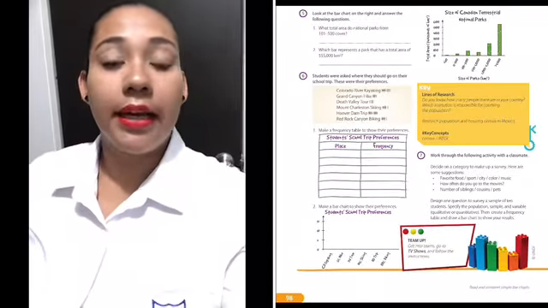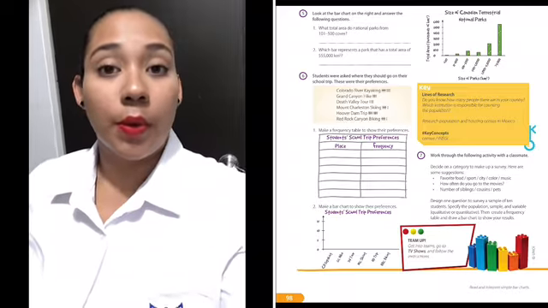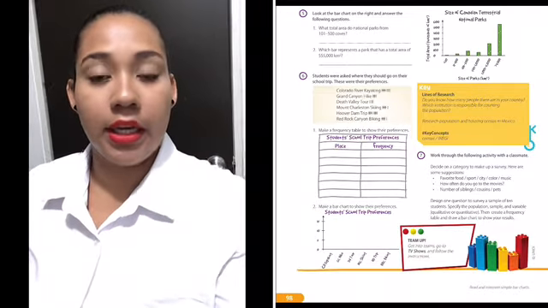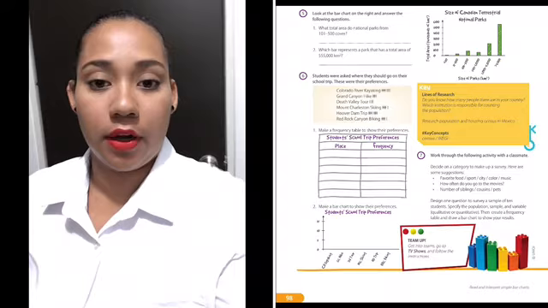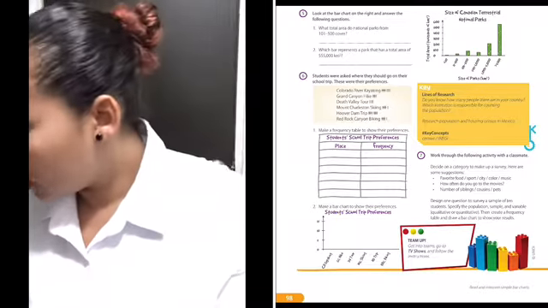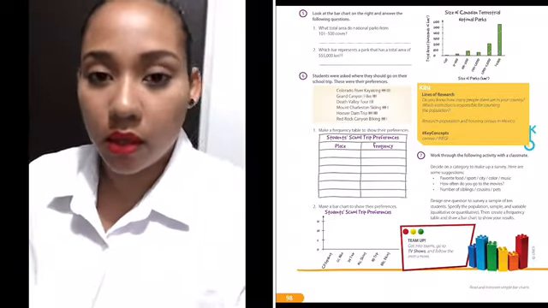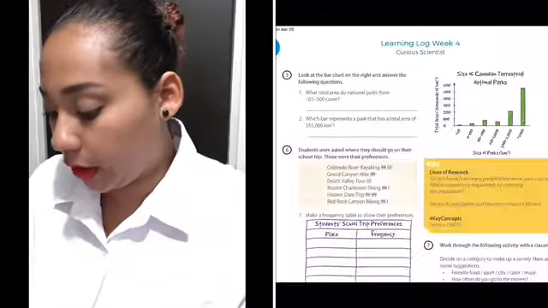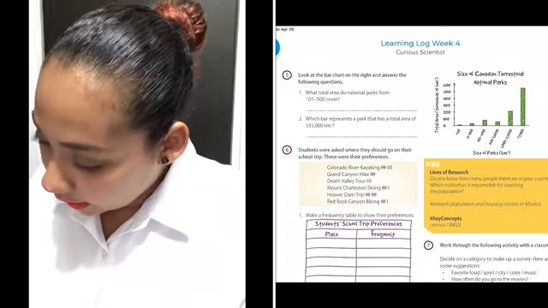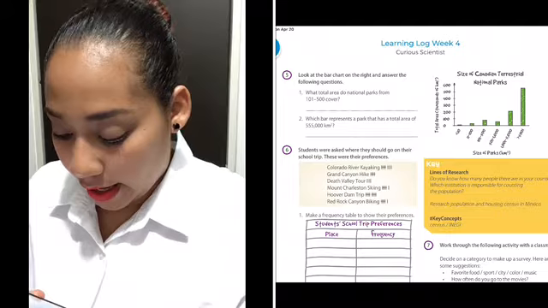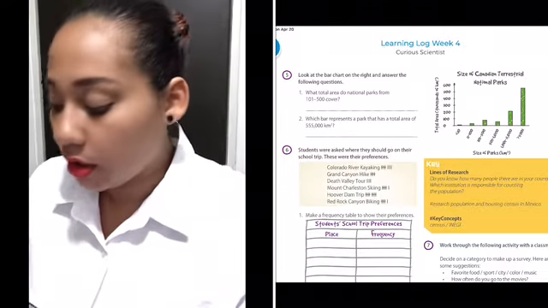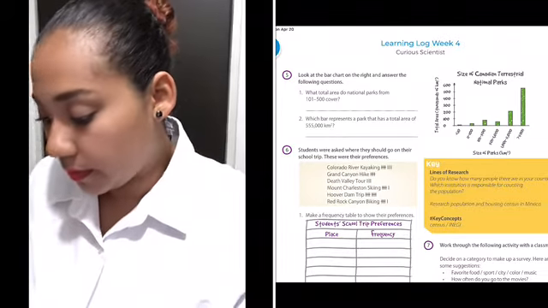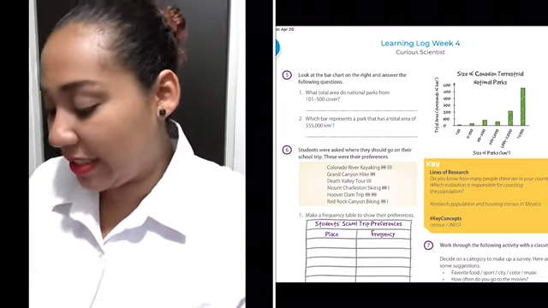Okay guys, now let's start with page 98. Grab your book and let's follow the indications. It says exercise number 5. Let's read it. Who wants to start reading it?